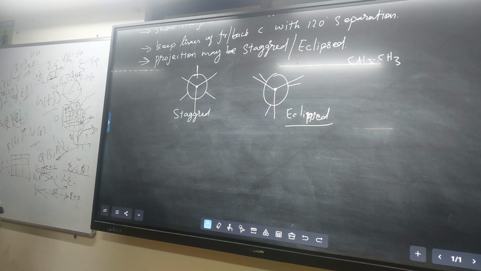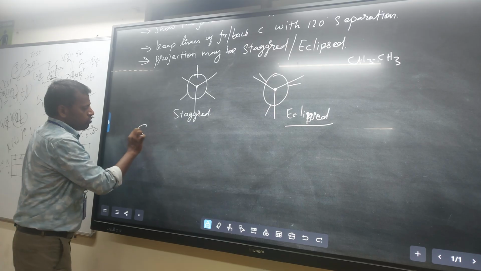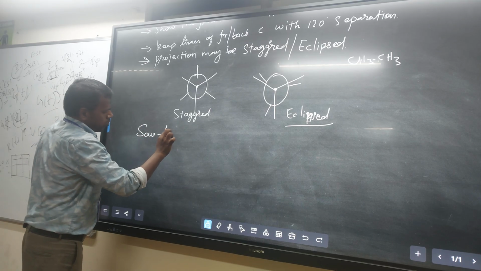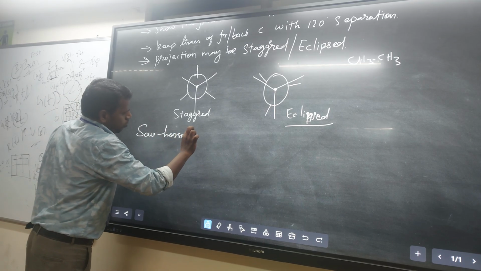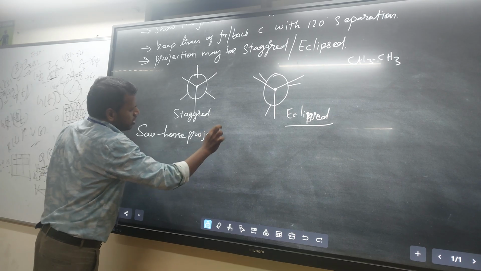Next one is a Sawhorse projection. What is a Sawhorse projection?